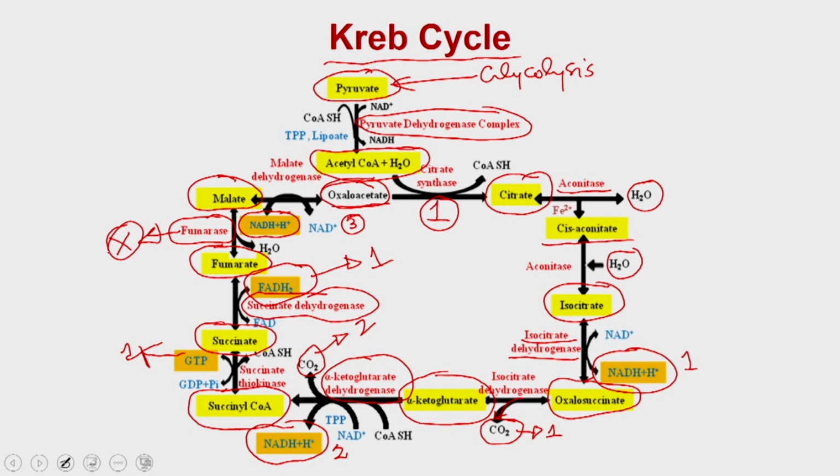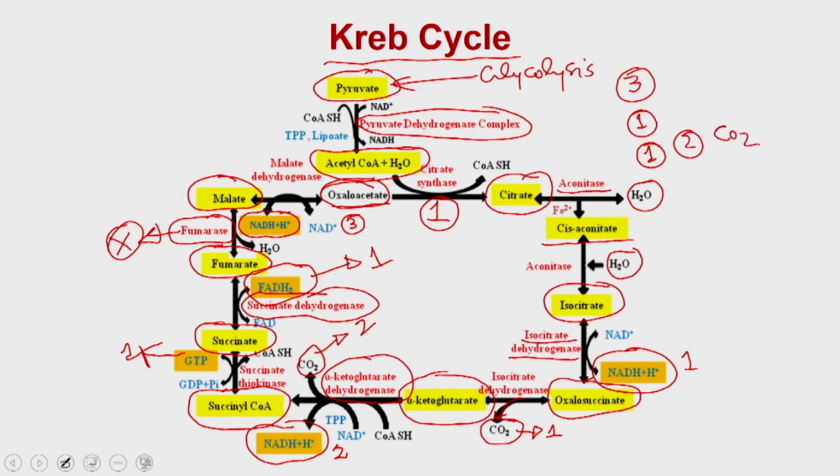So at the end, what you are getting out of the Krebs cycle is 3 molecules of NADH, 1 molecule of FADH, 1 molecule of GTP and 2 molecules of carbon dioxide.